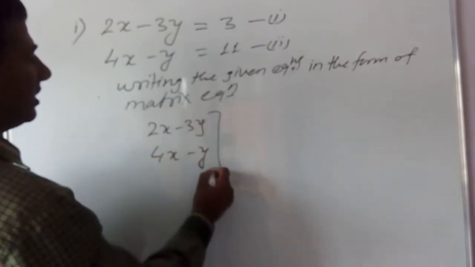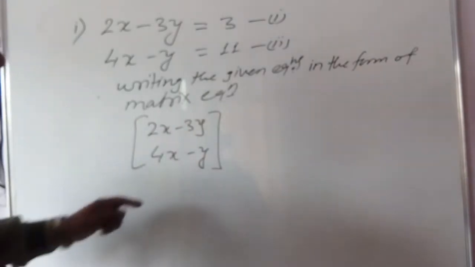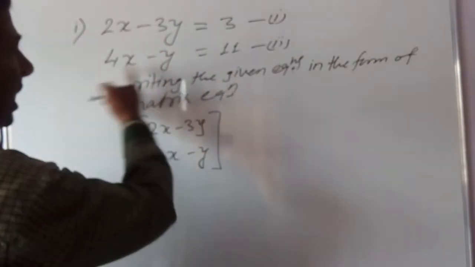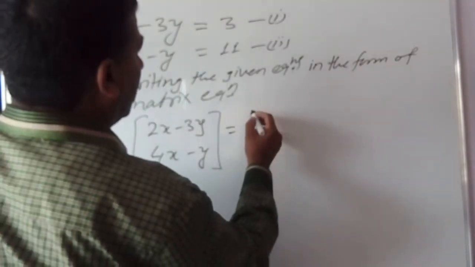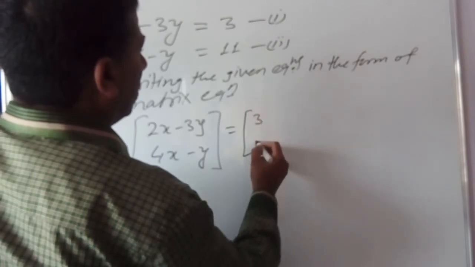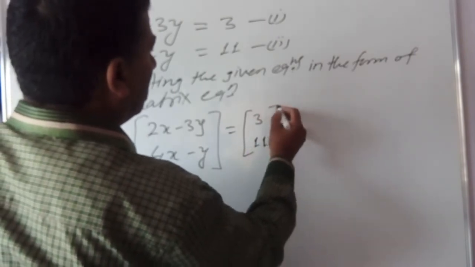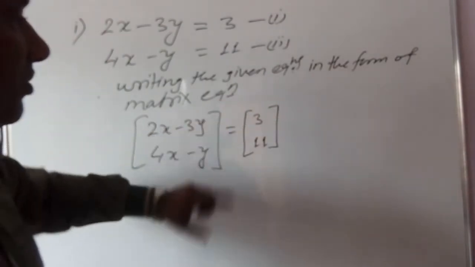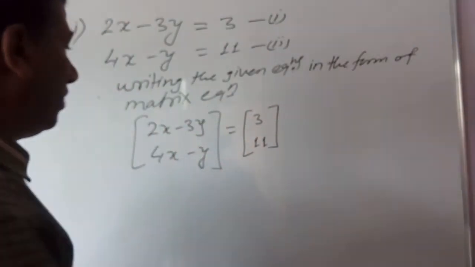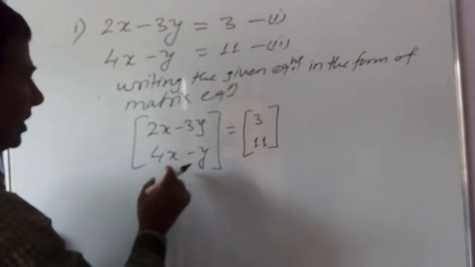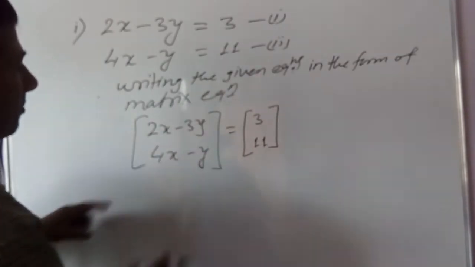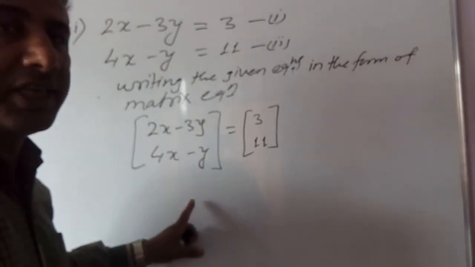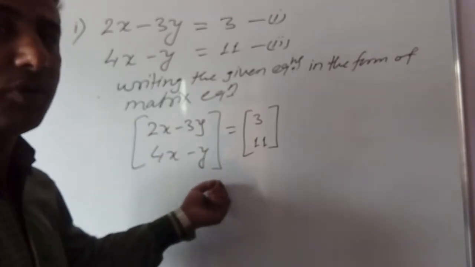I write this in one matrix on the left hand side, and on the right hand side the matrix of constant numbers. Actually it is not necessary to write this, just to make it clear I am writing it here. Now split this in the form of coefficient matrix and variable matrix.